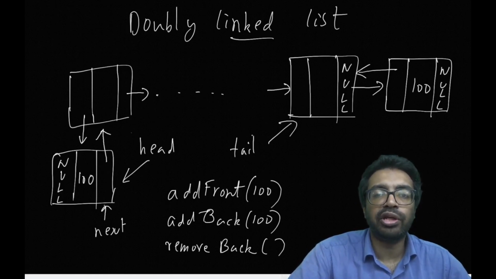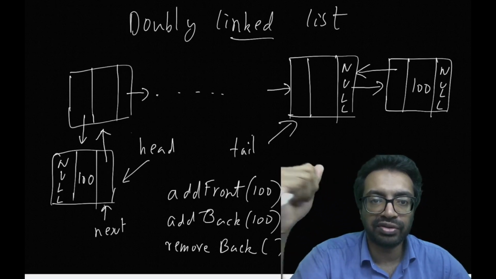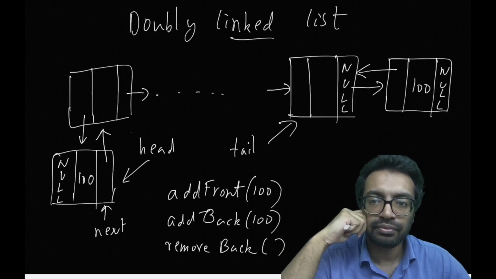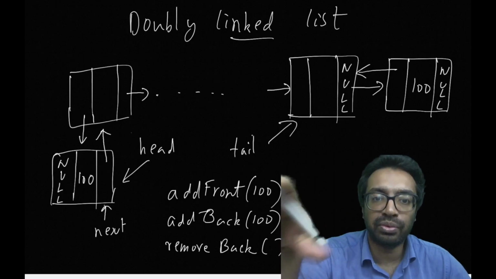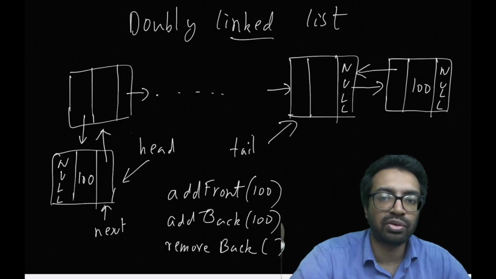The question we ask is how many nodes did we visit to remove this last node? The answer is again we visited only the last node and the newly last node. So in total we have visited two nodes to remove the last node.